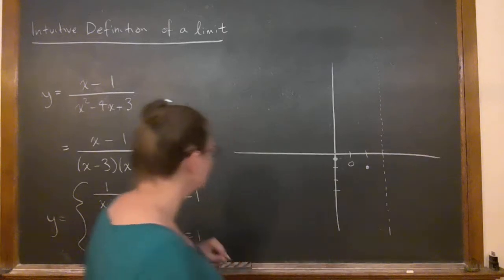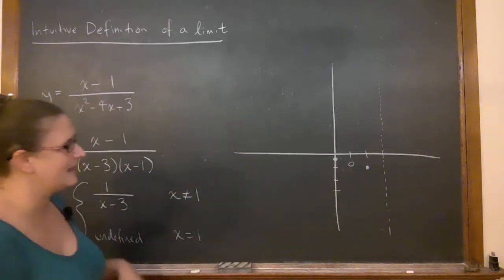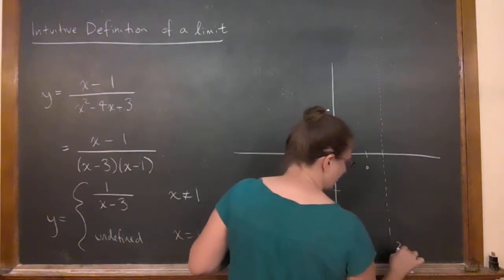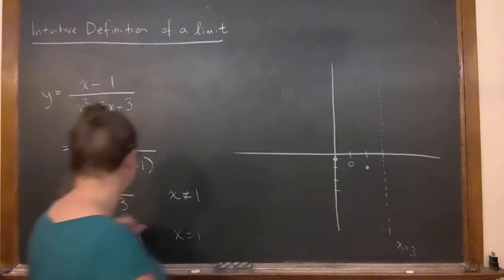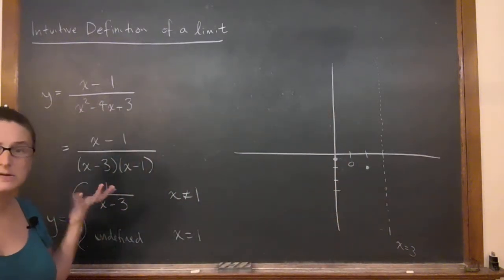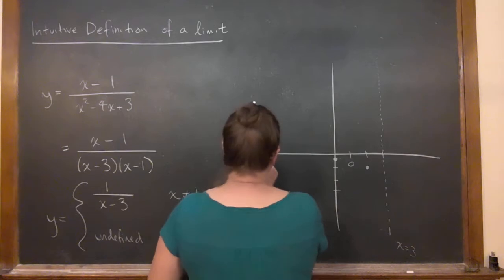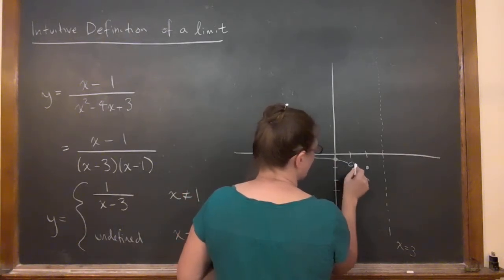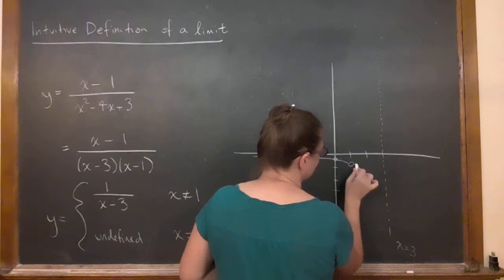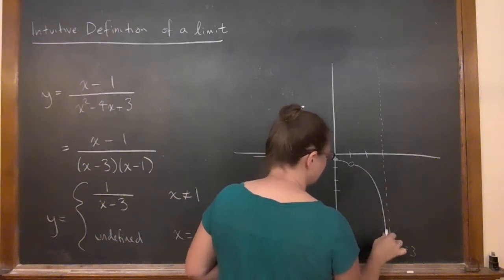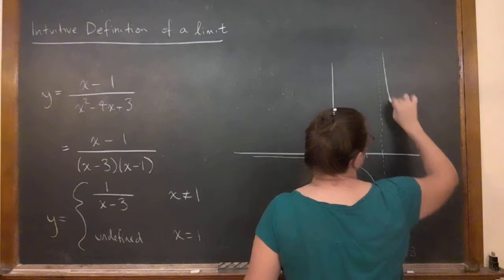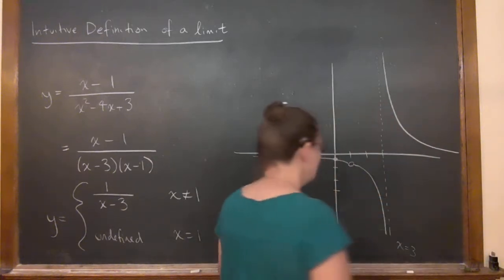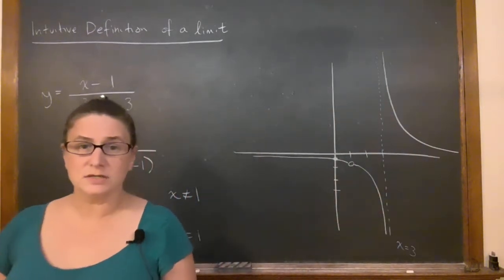And as I go closer and closer to 3, I'm going to hit that asymptote that I already drew at x equals 3, because I know if I have x minus 3 in the bottom like that, it's going to be an asymptote. So I can see what's going on with this curve. Maybe I should have drawn a little bit more of that. And then over here, it's going to do this. Okay? So that's what my curve looks like.